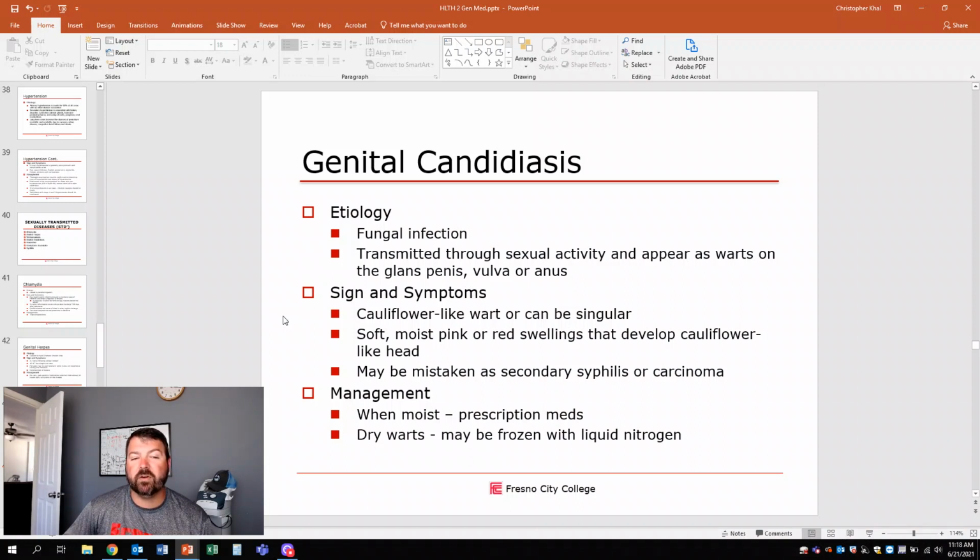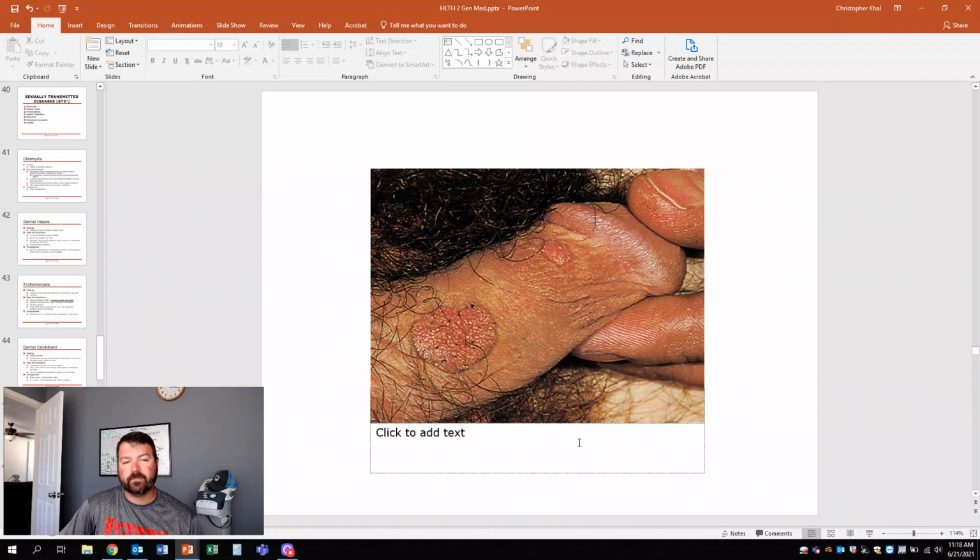Soft, moist pink or red swelling that covers that cauliflower-like head. May be mistaken for syphilis or carcinoma. Management: when moist, prescription meds are best. If it's dried, it may be frozen with liquid nitrogen. Okay, like here, I thought I had a picture.